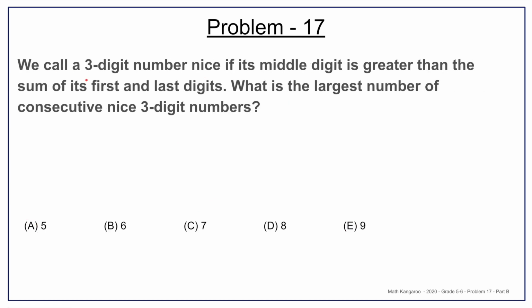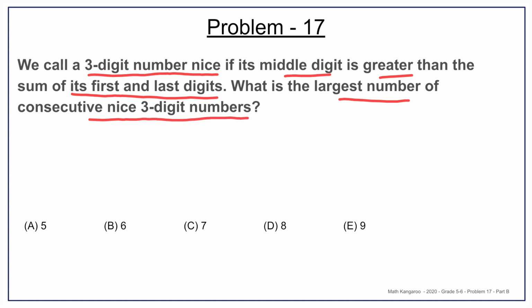Problem 17. We call a three-digit number nice if its middle digit is greater than the sum of its first and last digits. What is the largest number of consecutive nice three-digit numbers? The condition for a number to be nice is that the middle digit must be greater than the sum of the first and last digits. Let's take an example.